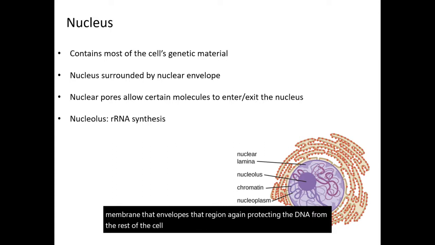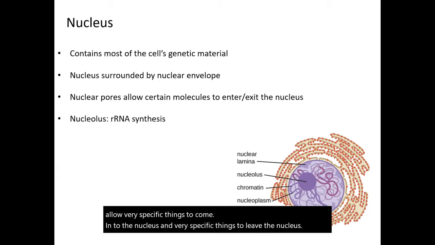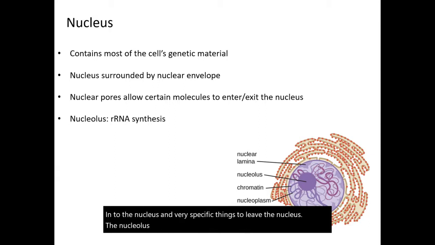The nuclear envelope does contain pores to allow very specific things to come into the nucleus and very specific things to leave the nucleus. The nucleolus is part of the nucleus, and this is where ribosomal RNA is made. That's important for helping make ribosomes, which are the protein-making machines of the cell.